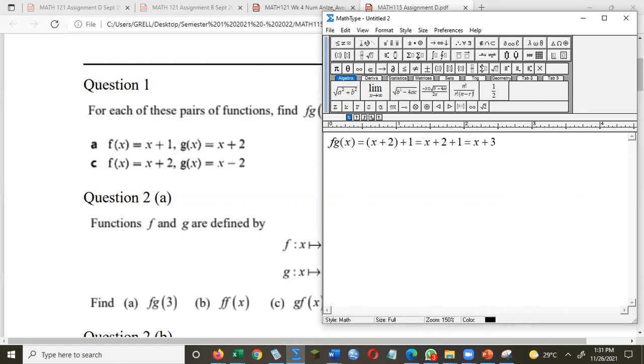So you all verify to see whether that's what you have. As far as I can see, it seems to be on the right track. But the question also says to find gf of x. So what did you do to get gf of x?